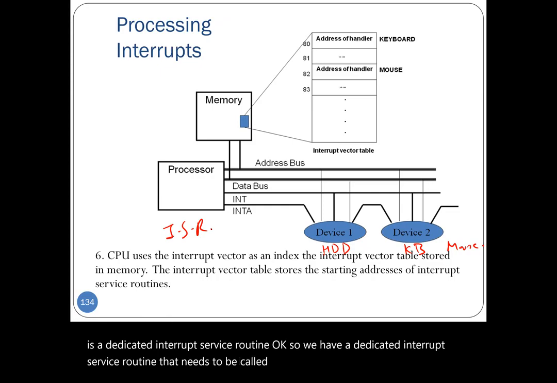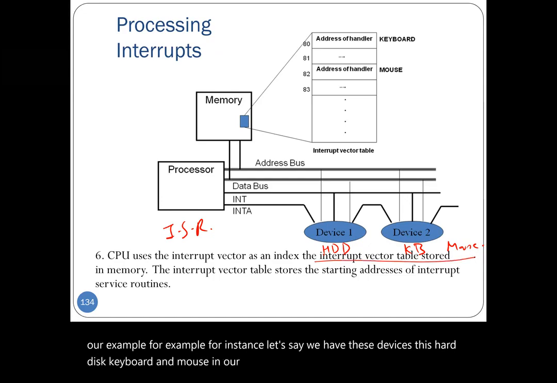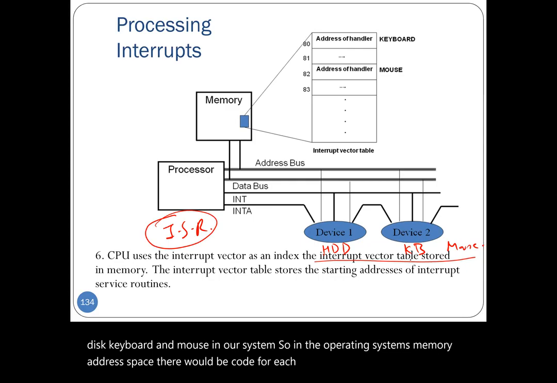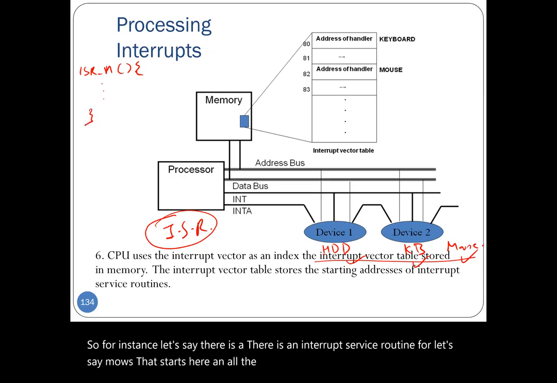In our example, let's say we have this hard disk, keyboard, and mouse in our system. In the operating system's memory address space, there would be code for interrupt service routines corresponding to each of these devices. For instance, let's say there is an interrupt service routine for the mouse that starts here, and all the code logic required to communicate with the mouse is stored here.